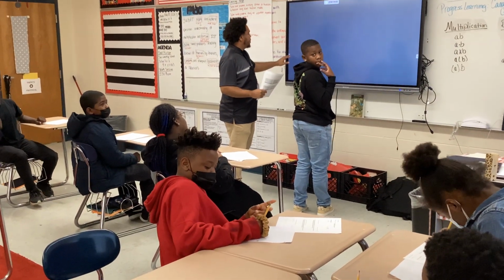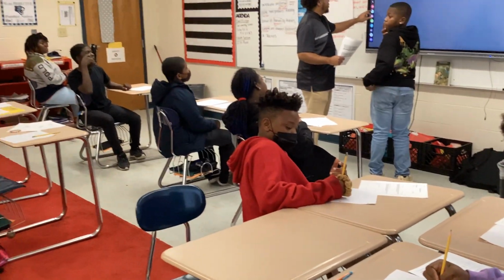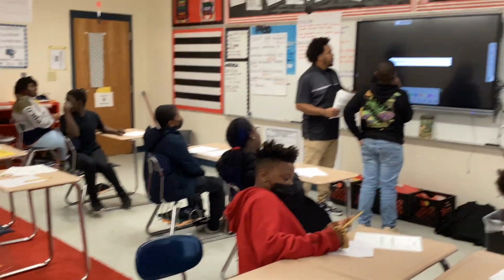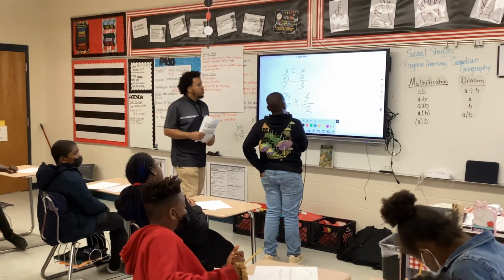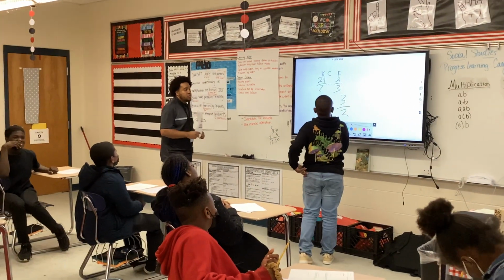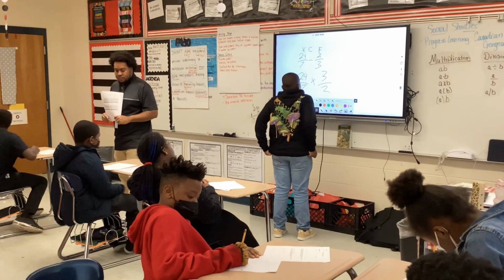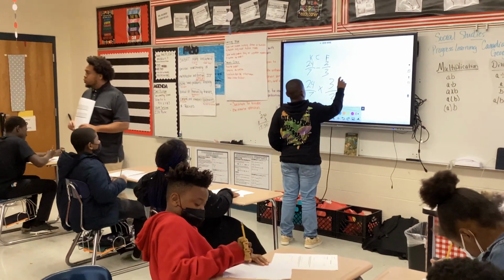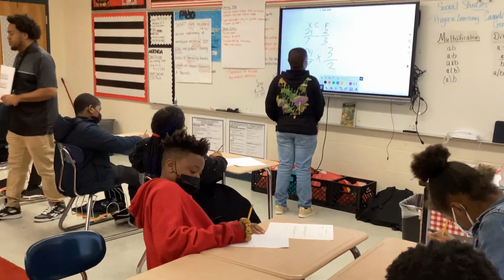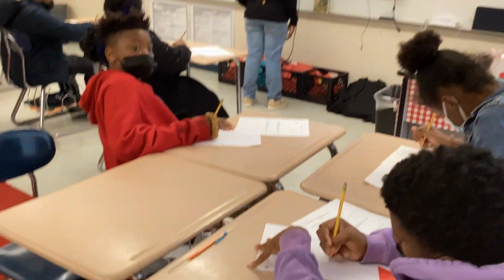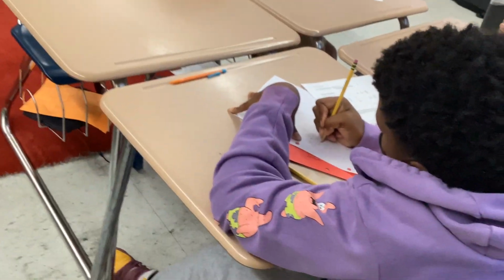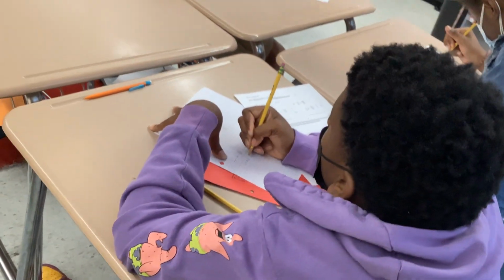I'll do the same thing. Alright, so here we go. 24 times 3. Everybody working it out on their paper. 24 times 3 is 72.